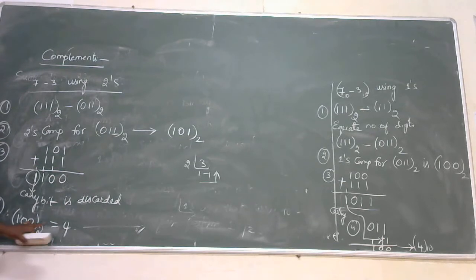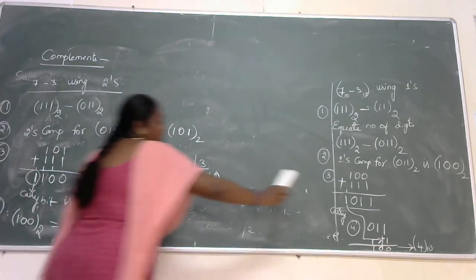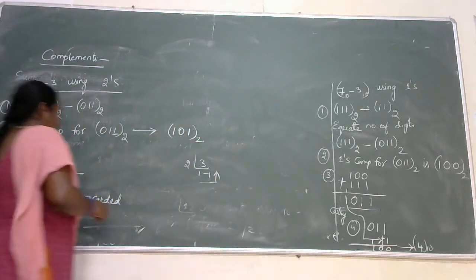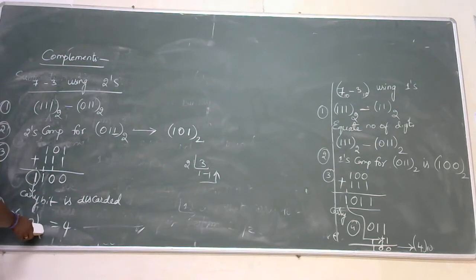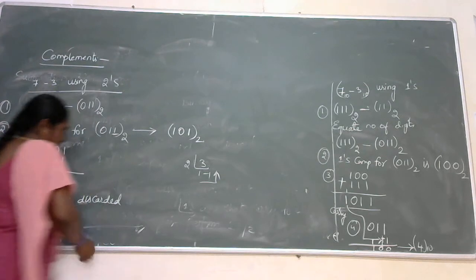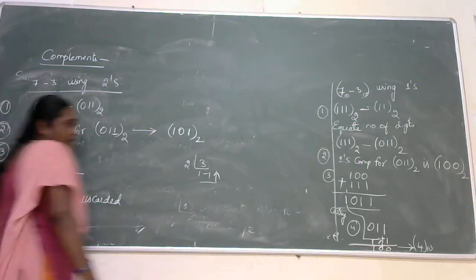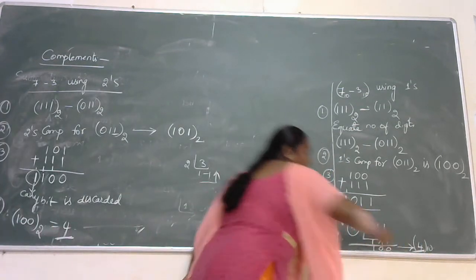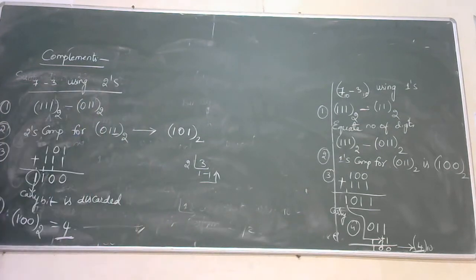So if you observe this, by using 1's and 2's complement, whether we are performing the 1's complement method or the 2's complement method, the final result is the same, which is equivalent to plus 4 in both the complements.